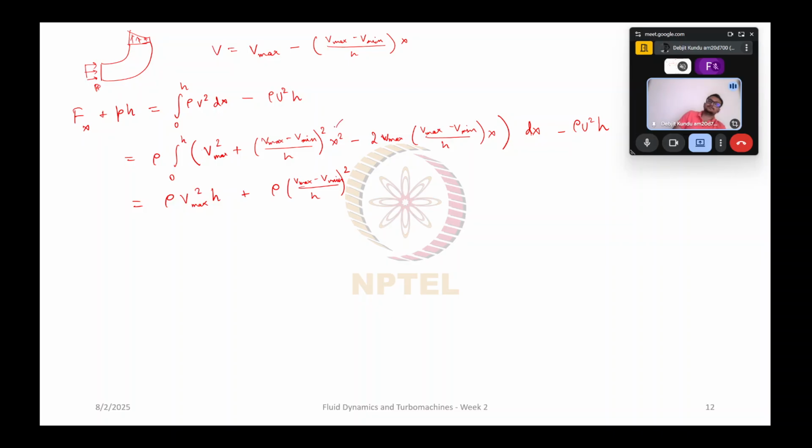Integrating x squared would give me x cubed by 3, and plugging in values, I'll get h cubed by 3 minus 2 (v max minus v min) by h and x. So x squared by 2, that will be h squared by 2 minus rho u square h. So it's all algebra at this point. So you can simplify this. So let's take rho and h common.